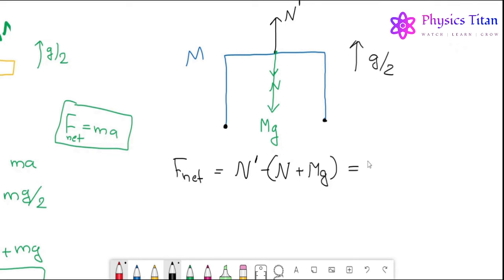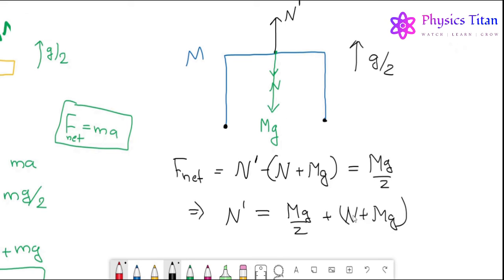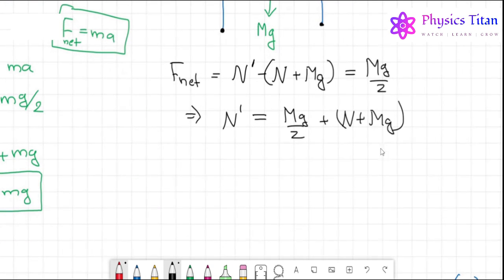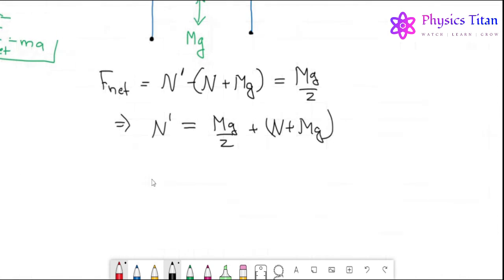This must be equal to the mass of the table, which is capital M, times the acceleration of the table, g by 2. Okay, that means N dash will be equal to Mg by 2 plus N plus Mg. We have just calculated N as 3 by 2 mg.